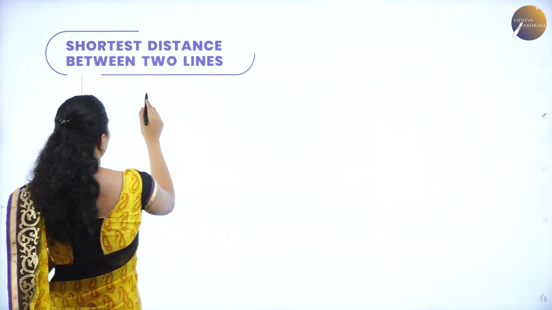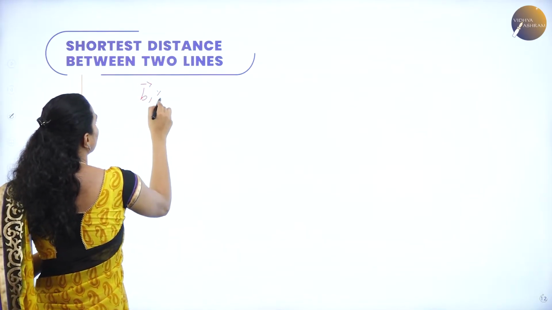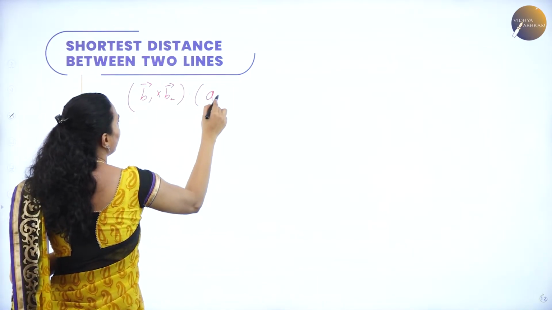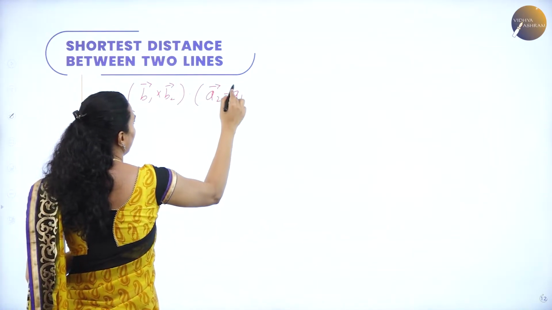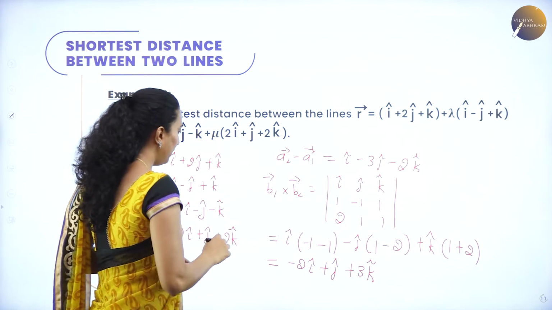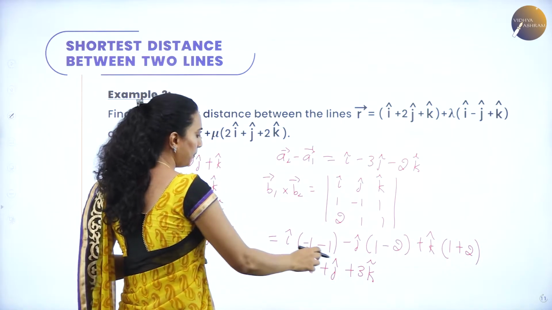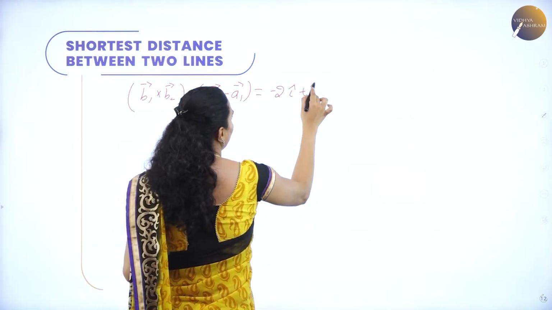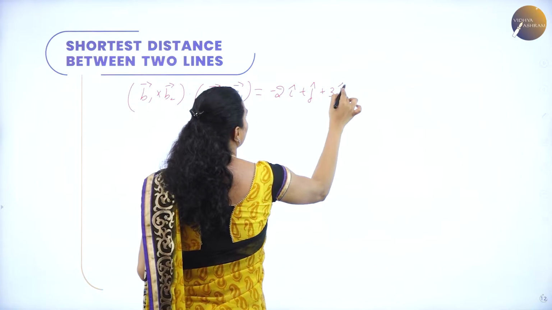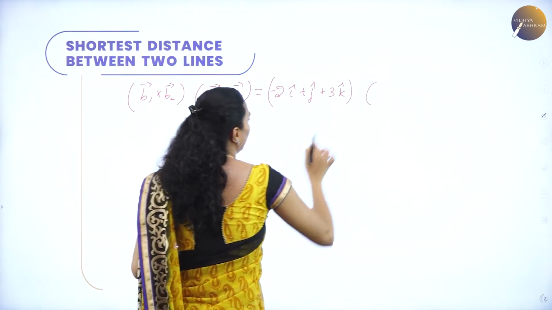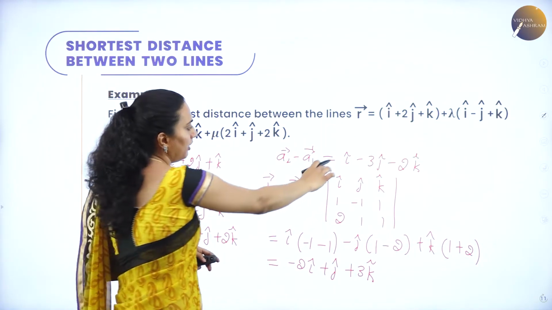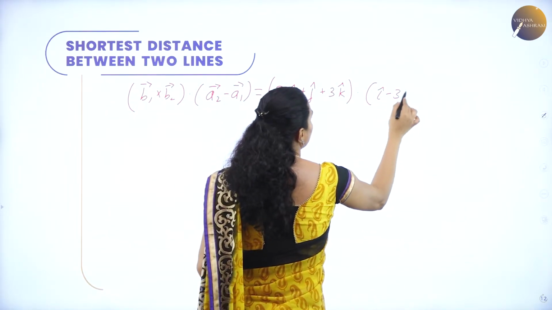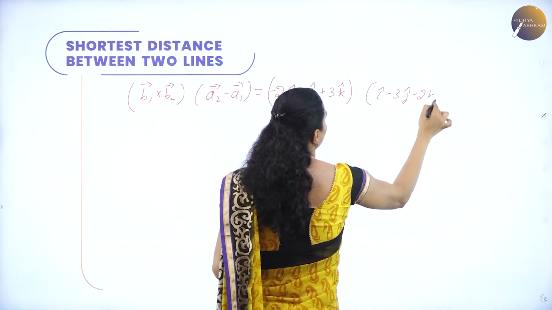Now you can find out B1 cross B2 dot A2 minus A1. Let me write down. So B1 cross B2 is minus 2i plus j plus 3k, into A2 minus A1 is I minus 3j minus 2k.